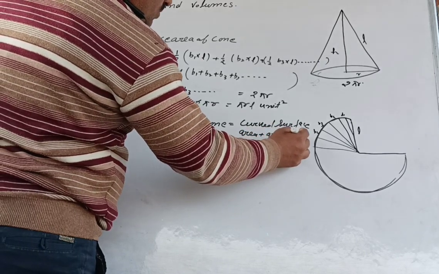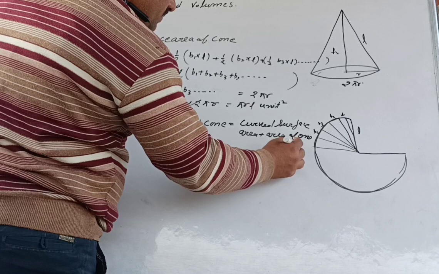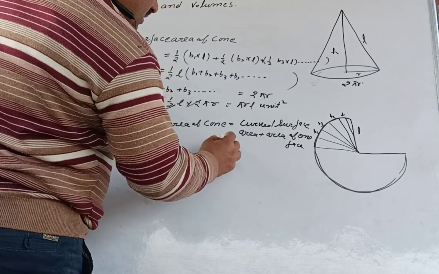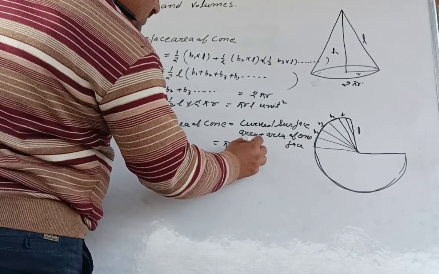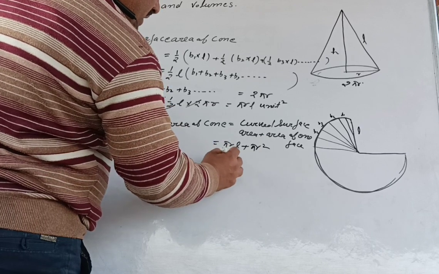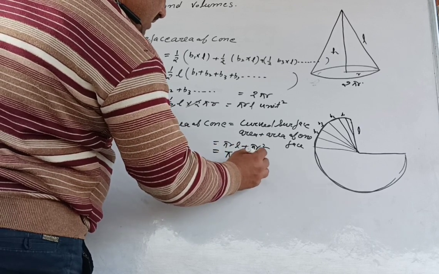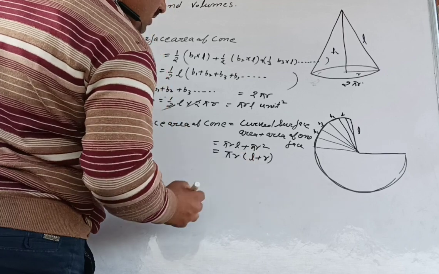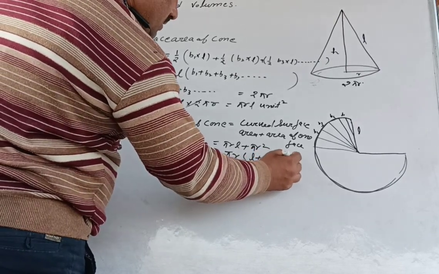Area of one face means pi r L plus pi r square. We take pi r common: pi r into L plus r. This is the total surface area of the cone, unit square.